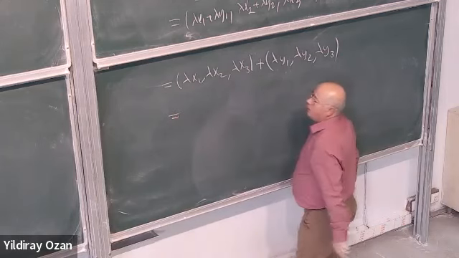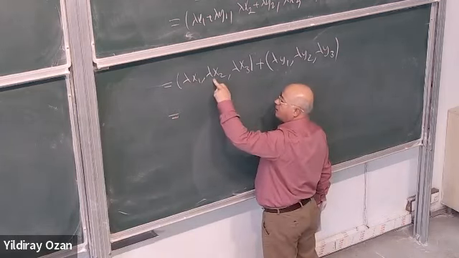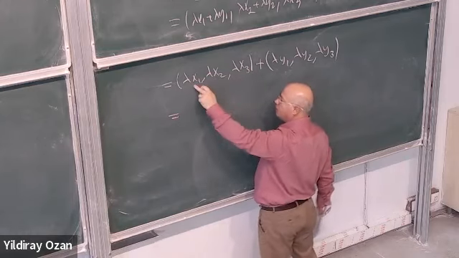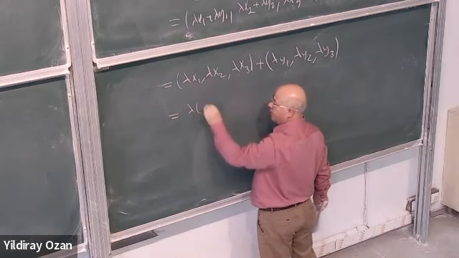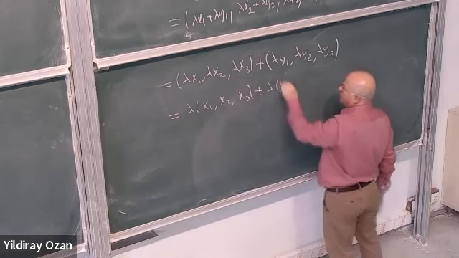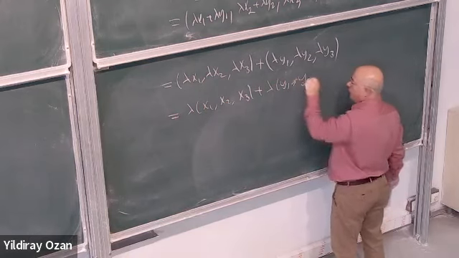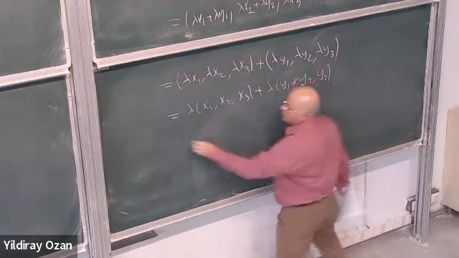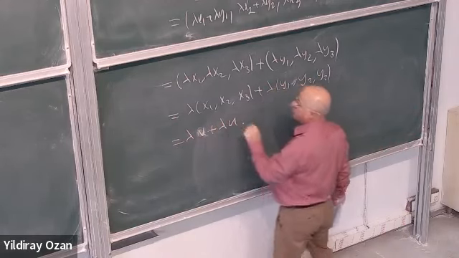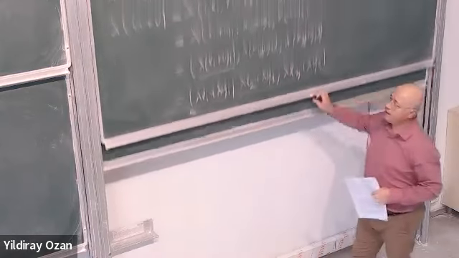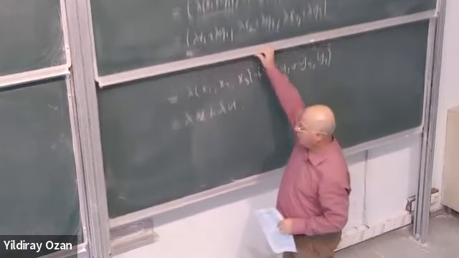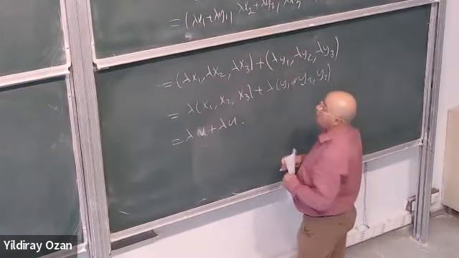And then finally, I can take this constant out, because this is nothing but lambda times the vector x1, x2, x3, plus lambda times the vector y1, y2, y3. So this is just lambda times v plus lambda times u. So what we have seen is that lambda times u plus v is just lambda u plus lambda v.